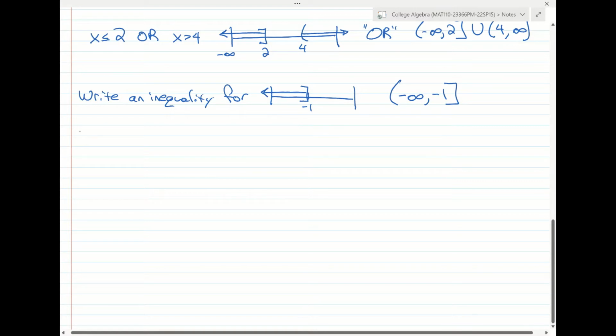What I wanted to talk about next is how to solve inequalities. The way we solve inequalities is just like equations.